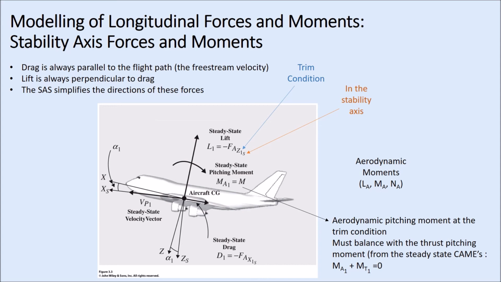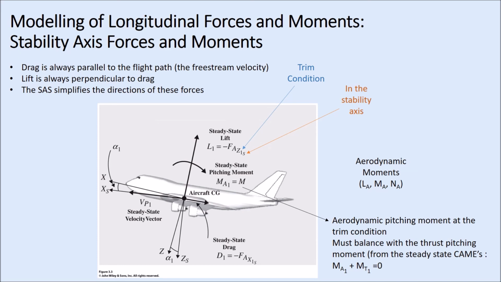And that's going to be equal to the aerodynamic force in the x direction at the trim condition associated with the stability axis system. So obviously that's in the negative direction because it's acting backwards. So just be aware of all of these additional subscripts now and what they all mean. So add all of this stuff to your nomenclature list.